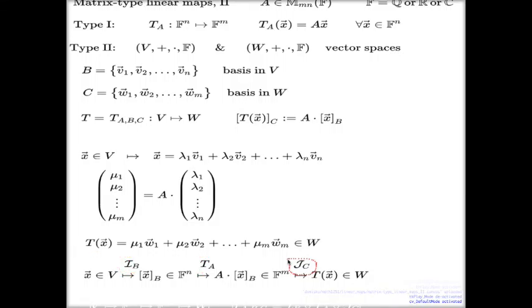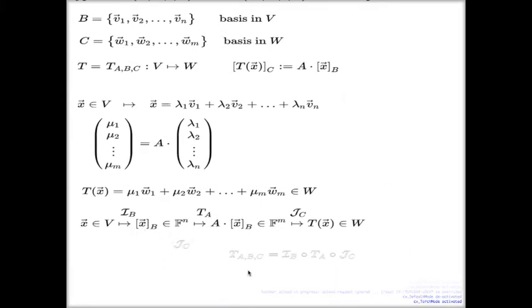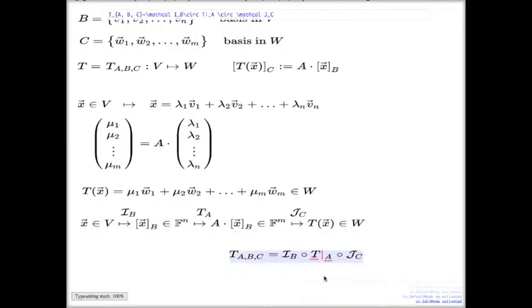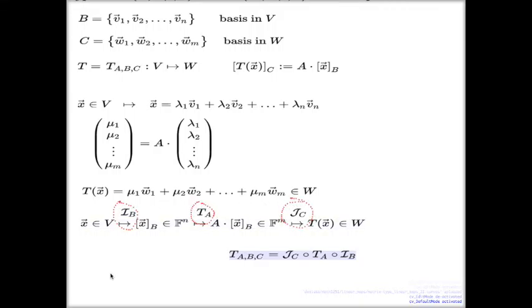Or if I use the language of operations on linear maps, I can now say that T sub A B C, and that's a typo, is a composition of the maps. J_C is supposed to be here, and I_B is supposed to be here. First you apply I_B, then you apply T_A, and then you apply J_C.